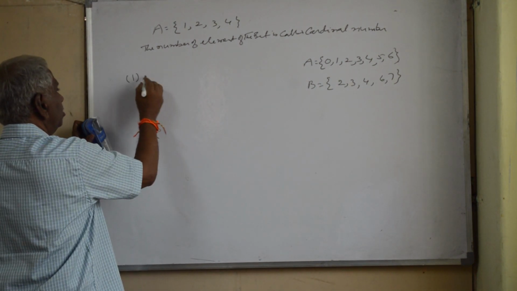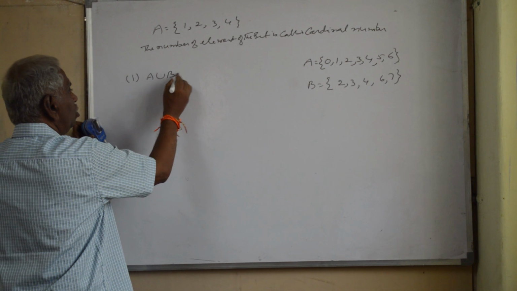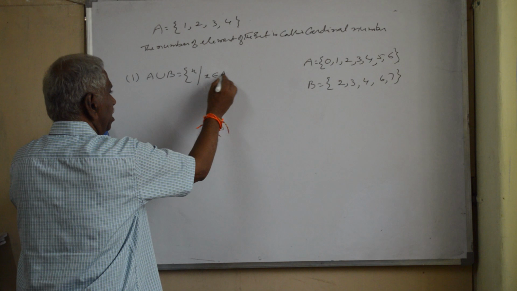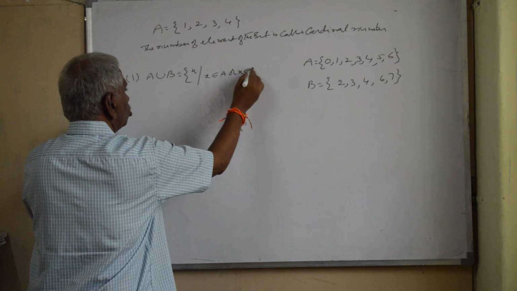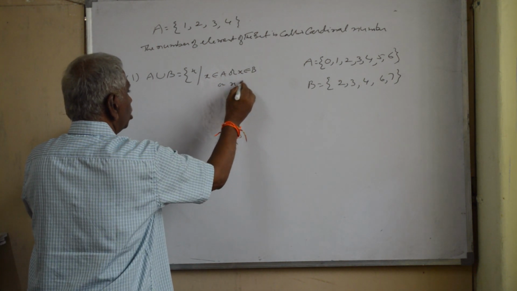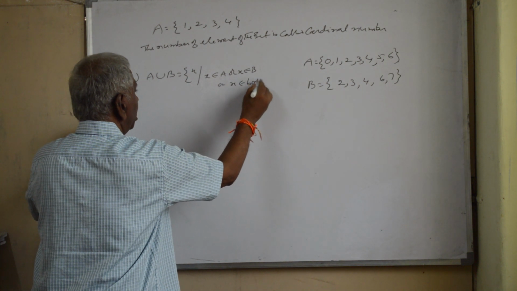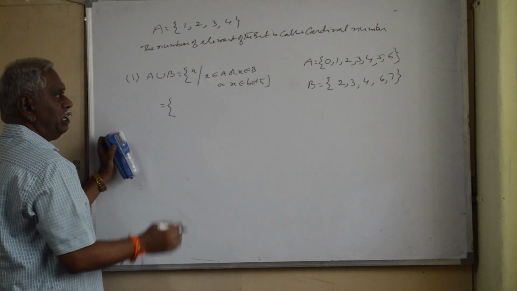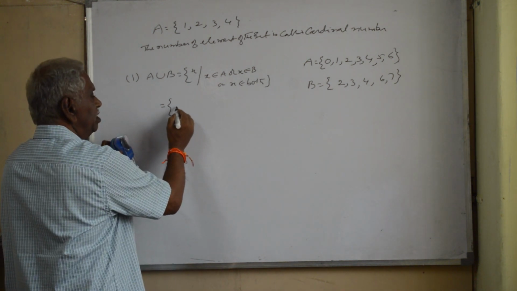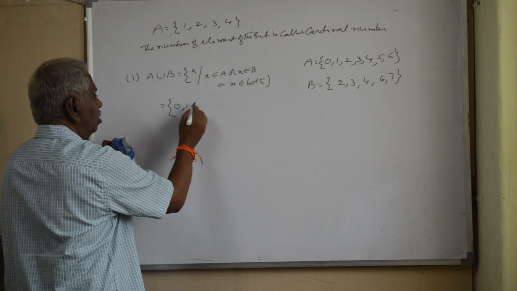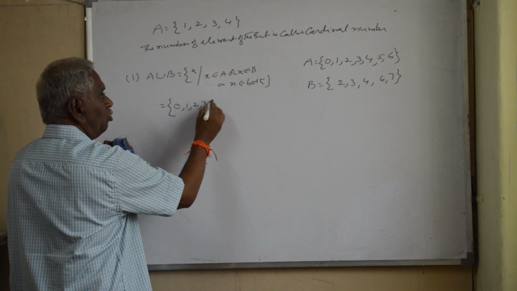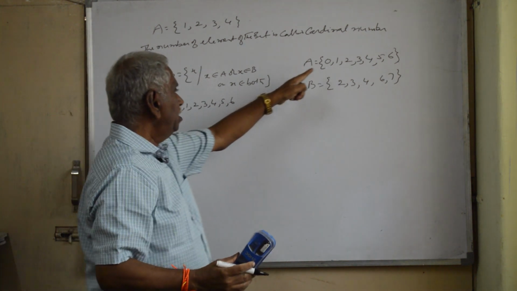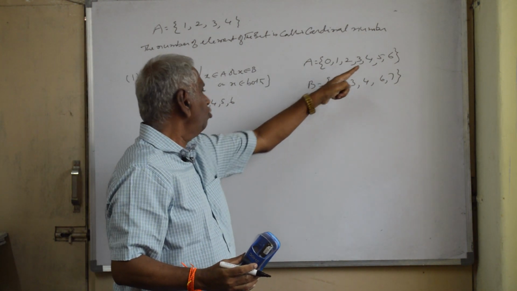First operation. A union B is equal to x such that x belongs to either A or x belongs to B or x belongs to both A and B. First of all, write the elements of A: 0, 1, 2, 3, 4, 5, 6.